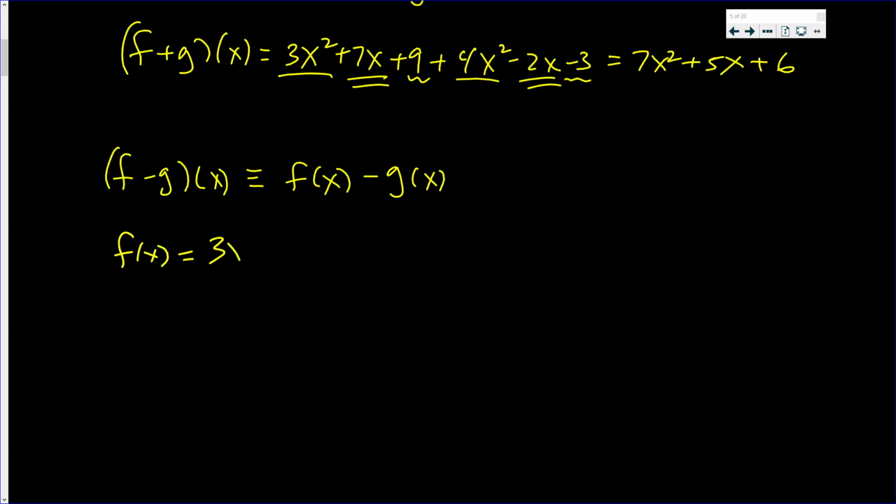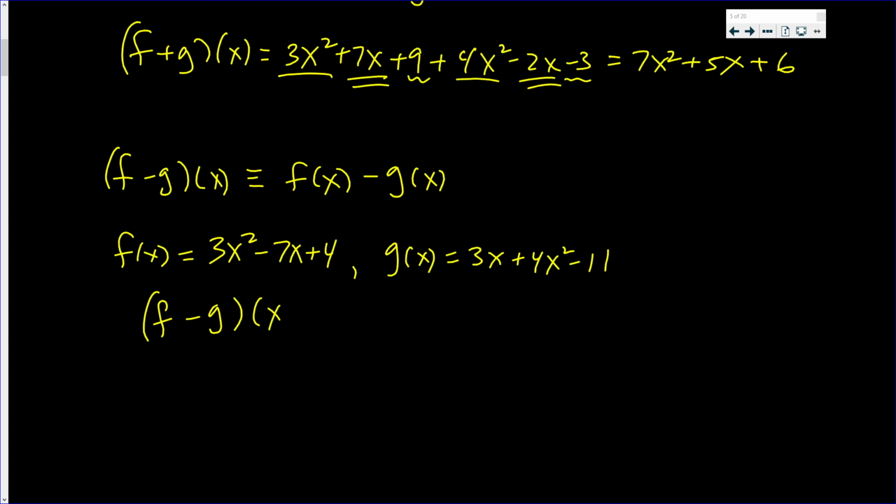If f of x is 3x squared minus 7x plus 4, and g of x is 3x plus 4x squared minus 11, and the instructions are to find f minus g of x, well, it's just f of x minus g of x.